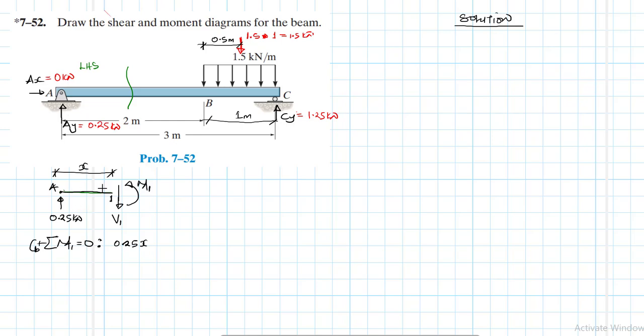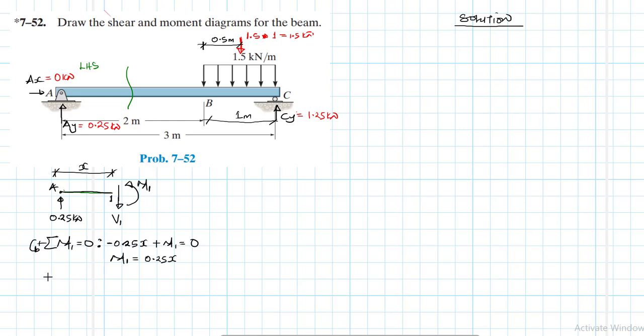This one is a clockwise moment, which is negative, plus M1 equal to 0. Therefore, M1 is equal to 0.25x. This one we know is just a linear function with a positive gradient.